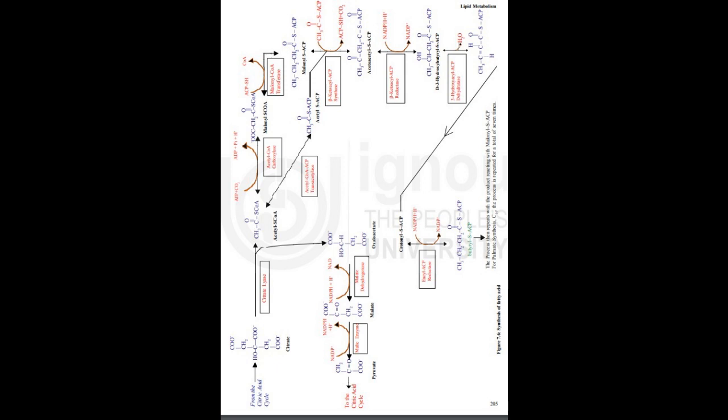Let us see how. When there is an oversupply of dietary carbohydrates, CHOs, the excess CHOs are converted to triacylglycerols. You already know that triacylglycerols constitute molecules of glycerol to which 3 fatty acids have been esterified. In other words, fatty acids are stored primarily in the adipose tissue as triacylglycerol.